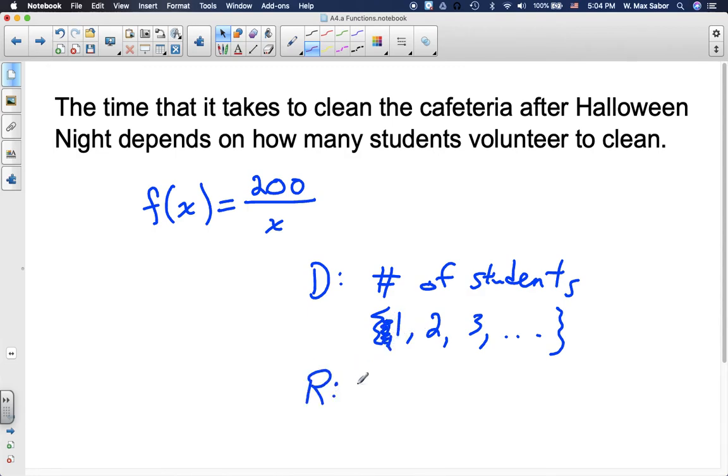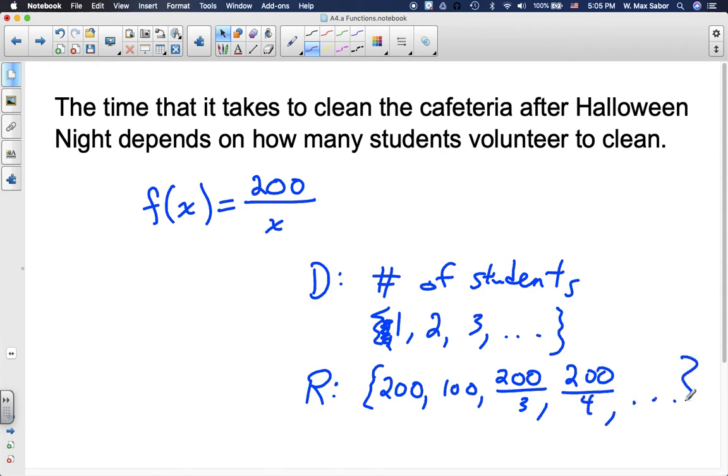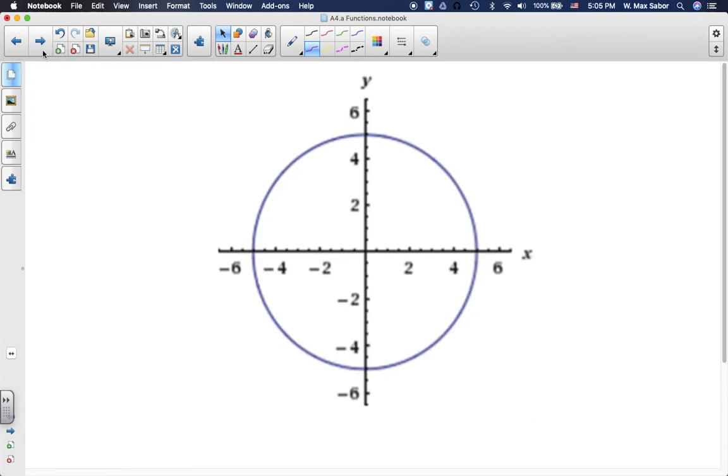And then the range is going to be the pattern. Well, it could take 200 hours. It could take 100 hours. It could take 200 divided by 3 hours. It could take 200 divided by 4 hours, etc. So by looking at that, you can determine how long it would take to clean. And this is something that's relatively useful to have a function for.